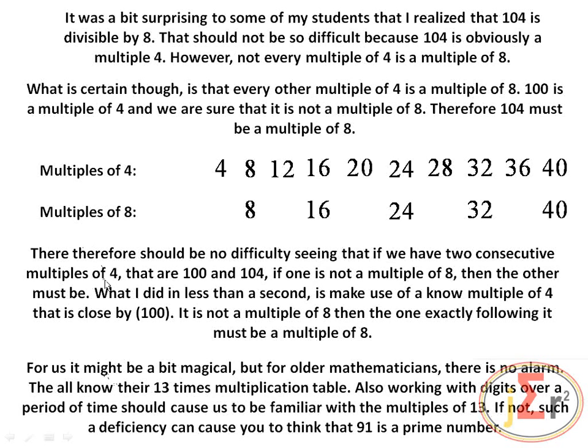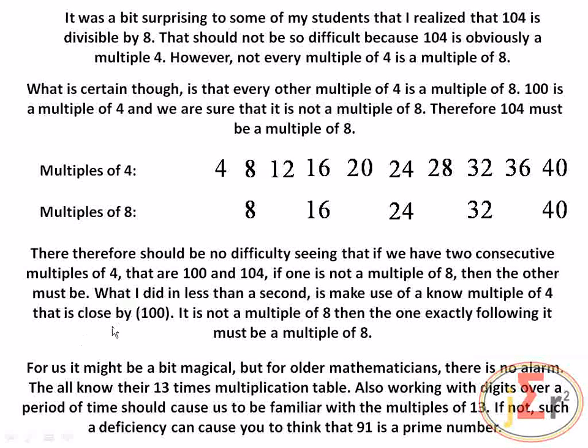Well, 91 is not a prime number, and you will see that coming up on multiple choice papers especially. They ask which one of the following is a prime number, and they give 91, 93, 57, and so on.